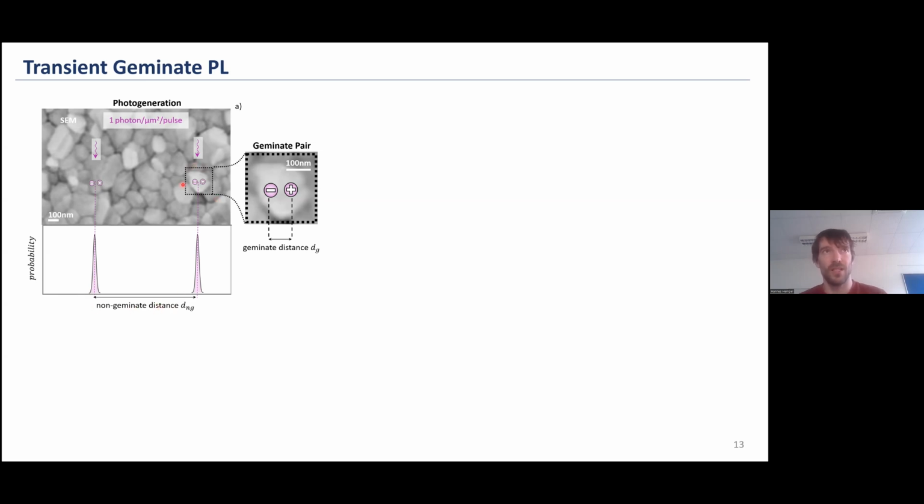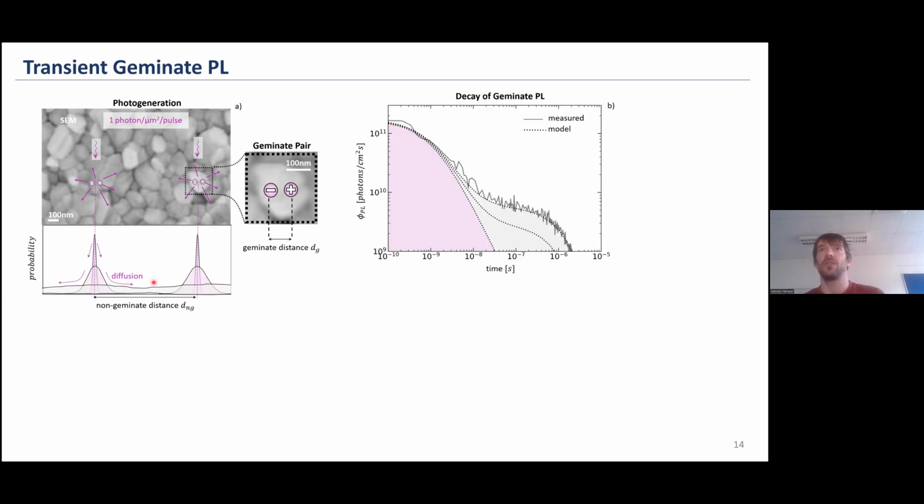And if you zoom in on a geminate pair, then the distance between the electron and hole from the same geminate pair is the geminate distance. And what will happen over time, carriers will diffuse and spread out. And that's what we see actually in the PL decay. So that's the measured PL decay. And the purple part here is coming from the geminate PL.